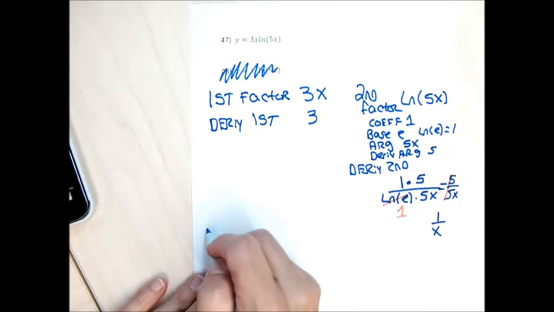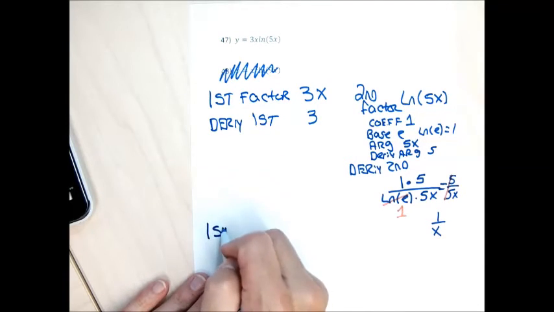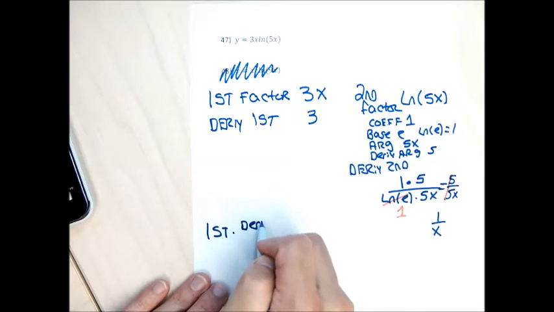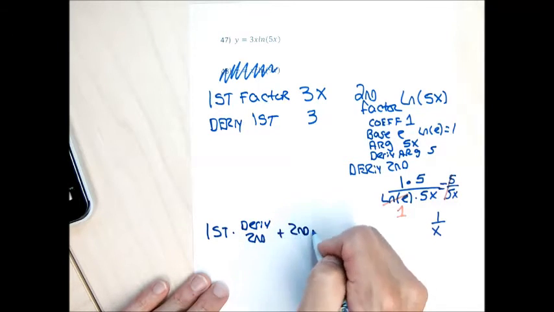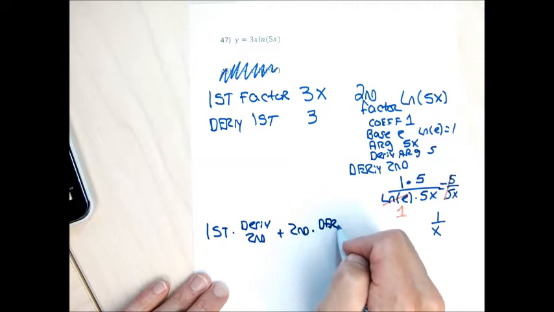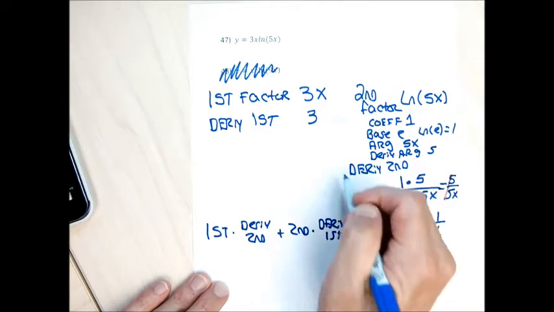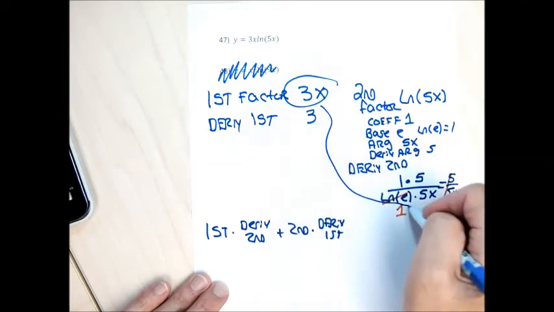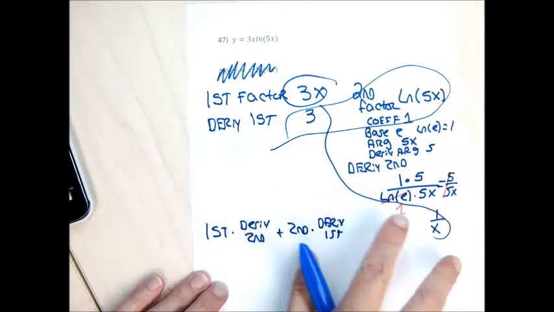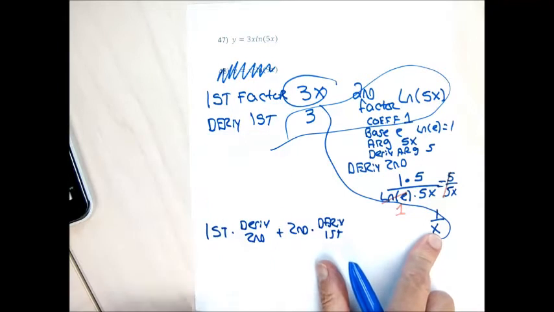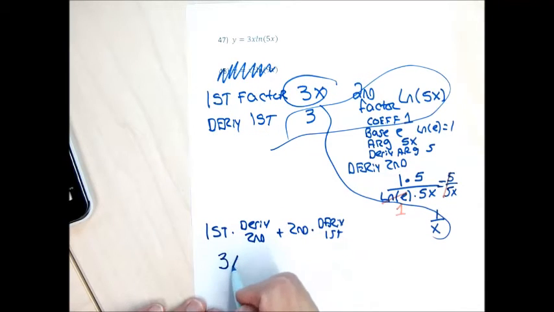And remember, the product rule is first factor times the derivative of the second plus the second times the derivative of the first. I think I just multiply this way and that way. So multiplying first factor times derivative of the second, I get 3x for the first factor.